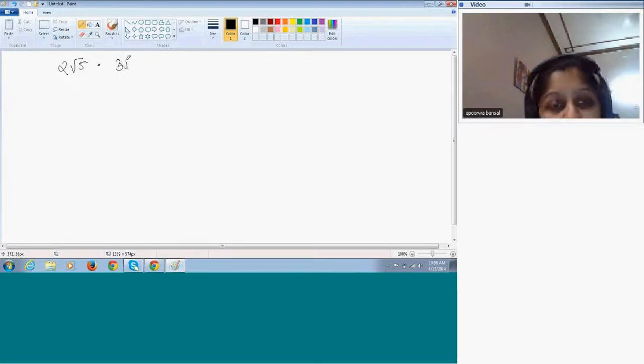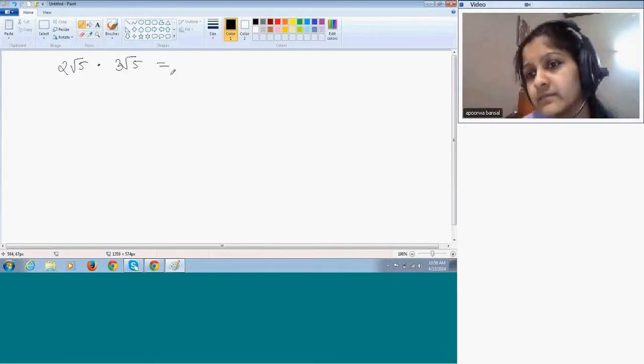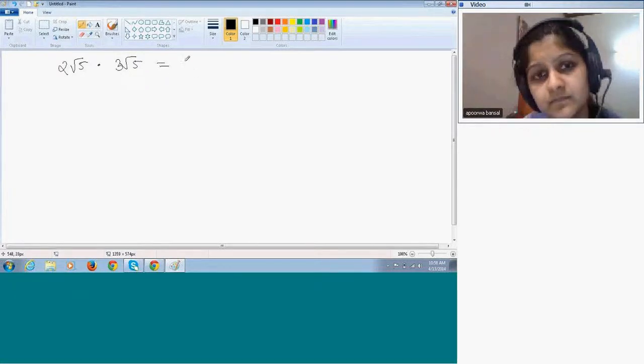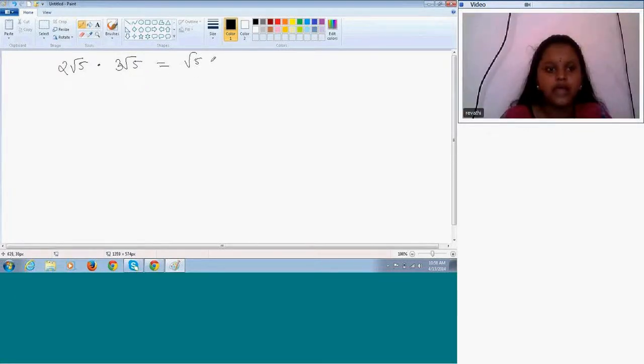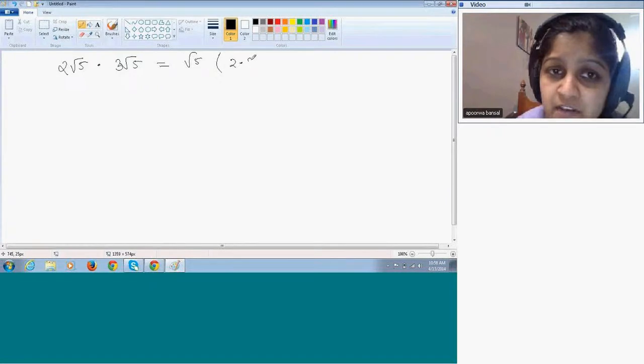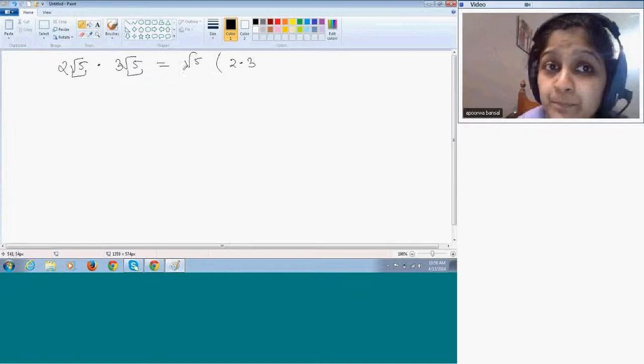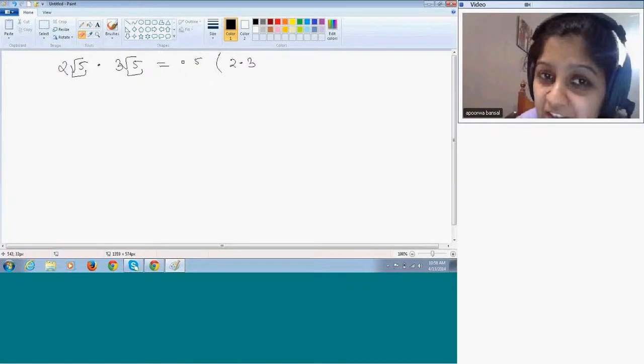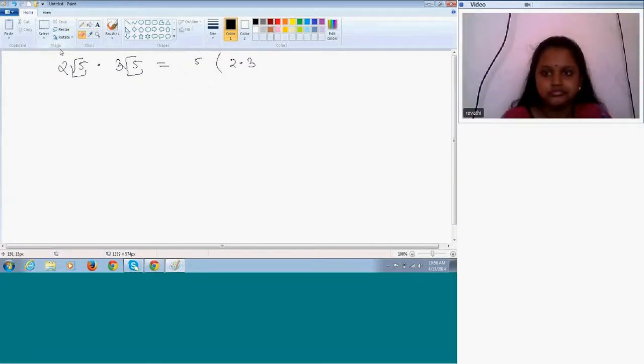As I told you, root 5 and root 5 will become whole number 5. Root 5 times root 5 is equal to 5.